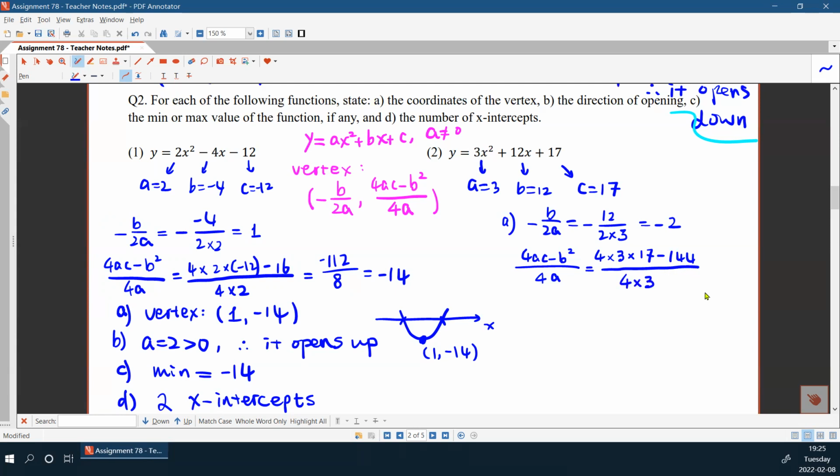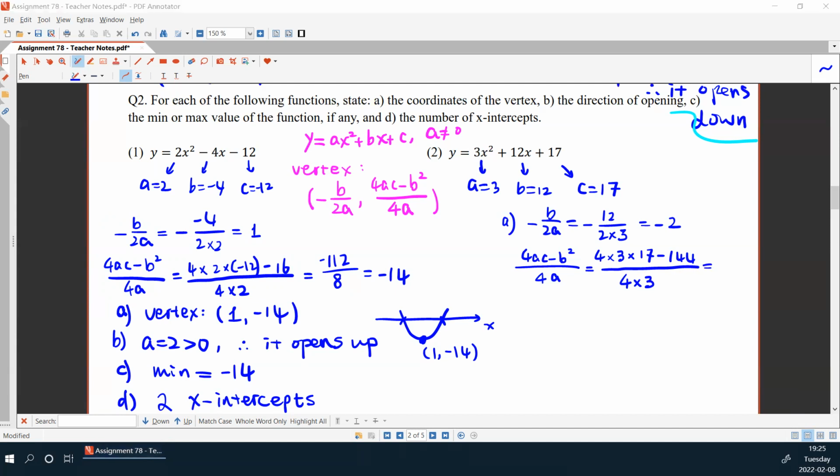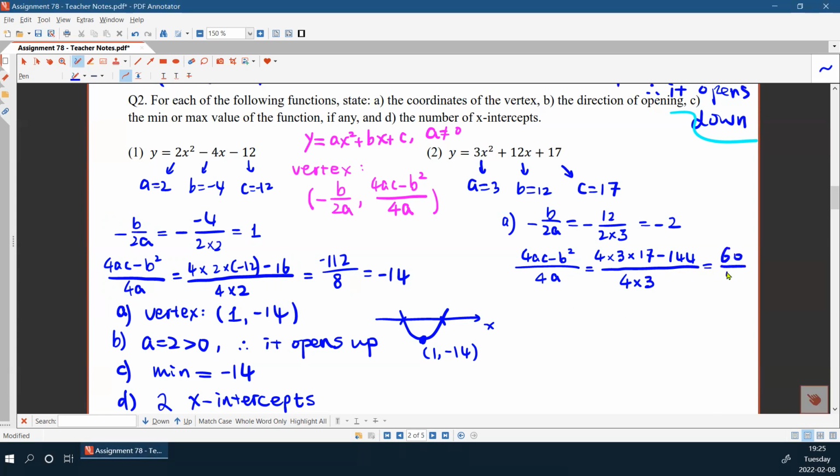And the result of this, let's calculate using the calculator. So that's 12 times 17, then minus 144, which is 60 over 12. And the y coordinate is 5, right? So therefore, the vertex is -2, 5.